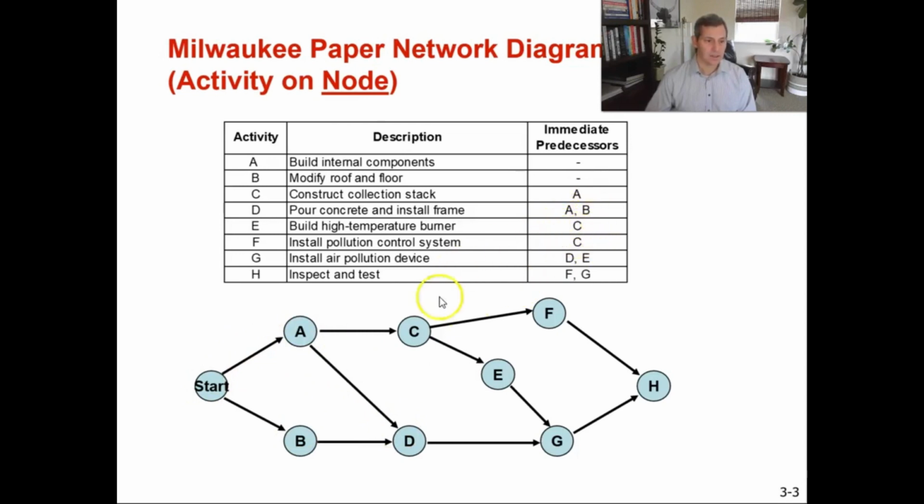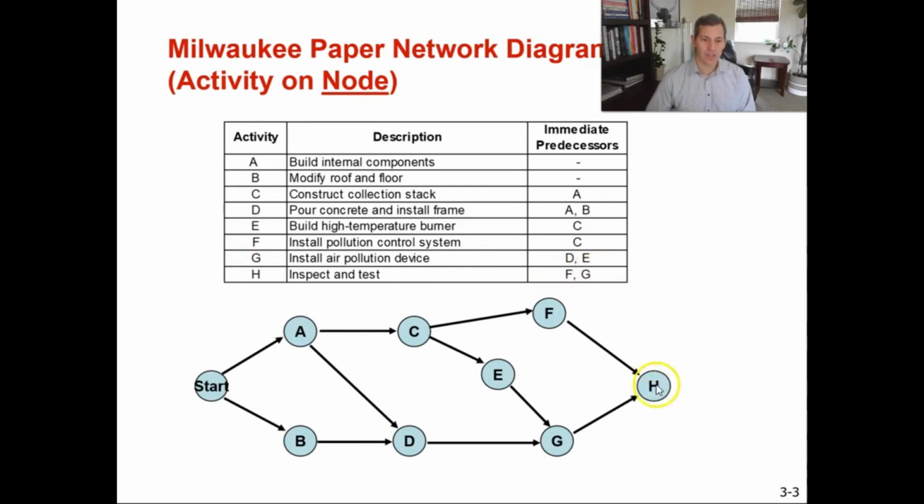C cannot be done until A is done. E cannot be completed until C is done. One other little trick, besides putting a start and a finish, is that I actually go backwards through these. I have found that it's easier to start with H and then go to F and then go to G.